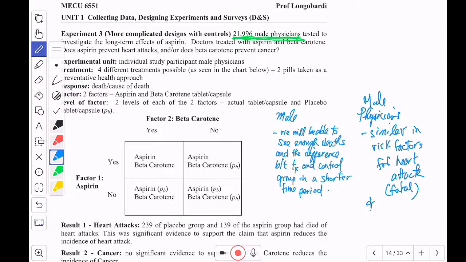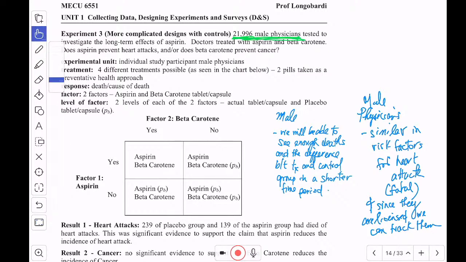So it's important to be able to trace your patient population, and who's better to trace than licensed physicians. So those two are the main reasons. Any other comments about that?